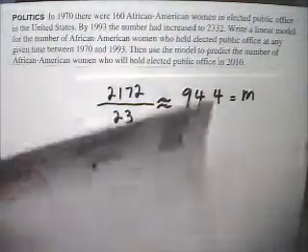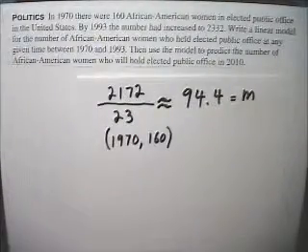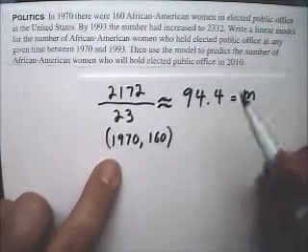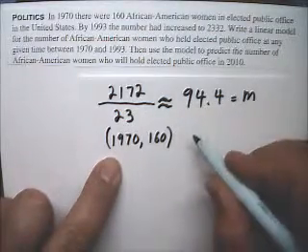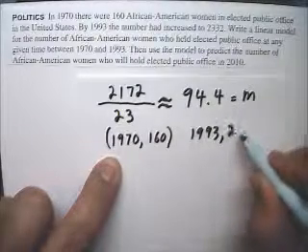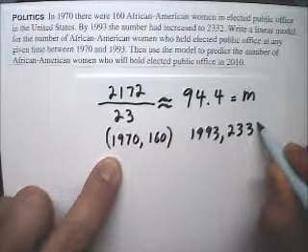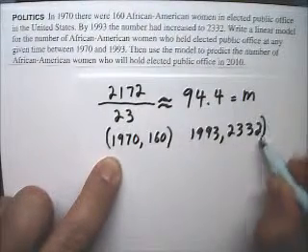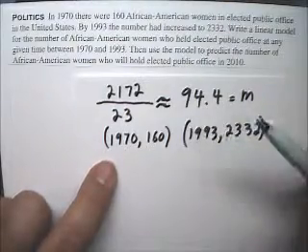That's why figuring this little thing out was very important. Now the other point is 1993, 2332. See, so now we have the slope and we have 2 points.